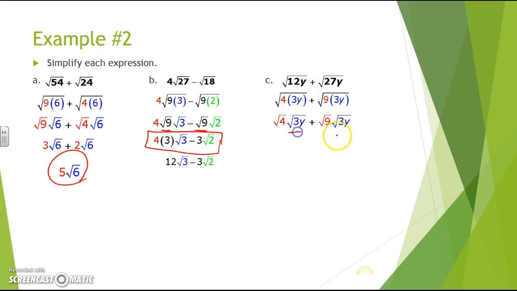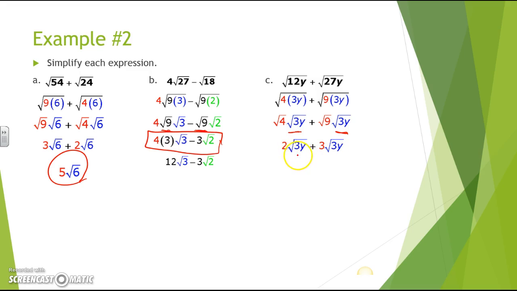My like terms are square root of 3y, and I can pull apart here the square root of 4 and square root of 9. Square root of 4 is 2, so I have 2 times square root of 3y, plus the square root of 9 is 3, so plus 3 times the square root of 3y.